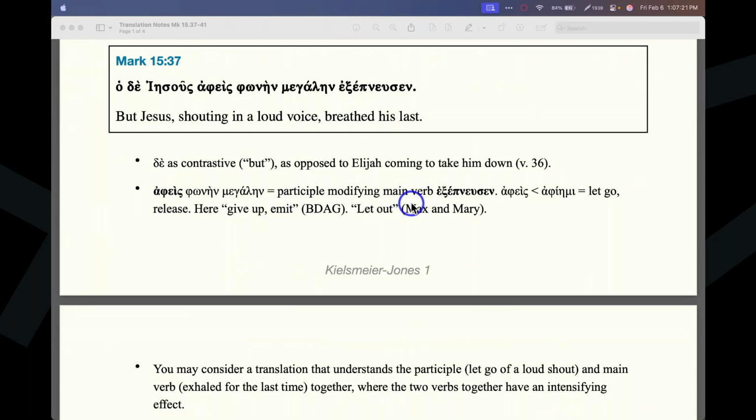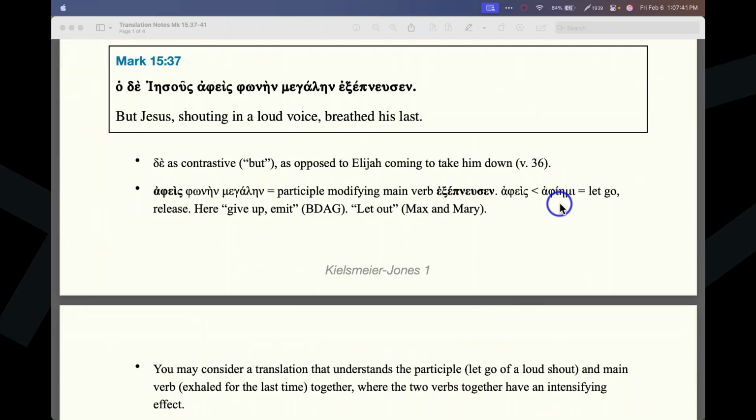This aphēs is interesting. It comes from aphiēmi, which we may know from our vocabulary or initial learning as let go or release, or even it can be used in the context of forgiveness. Here, it has to do with giving up or emitting.